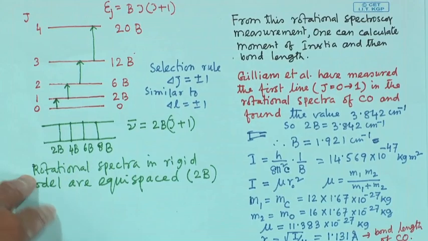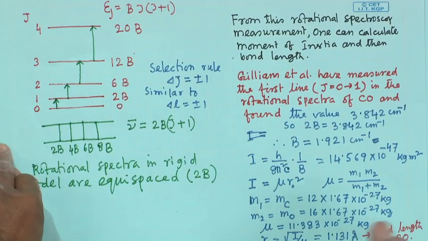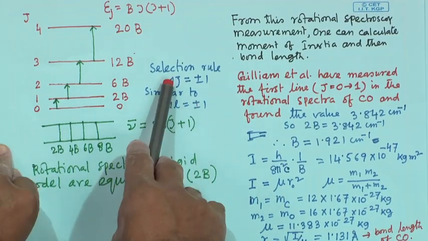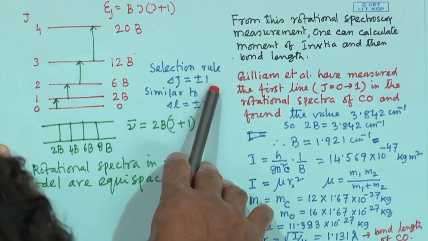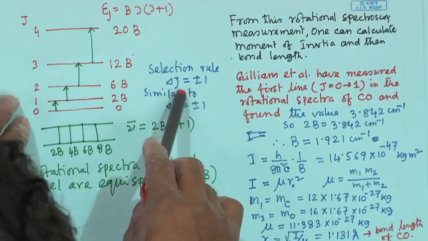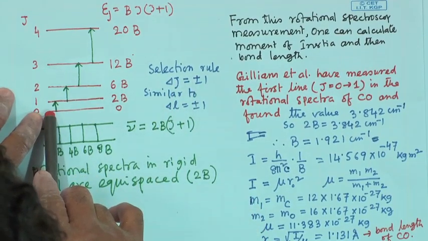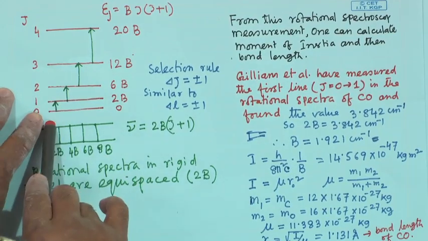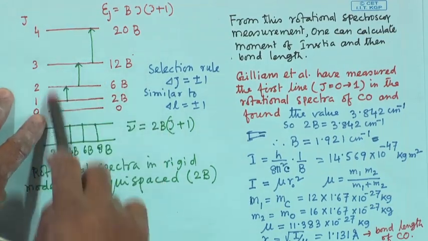Now, when there are transitions, the selection rule is similar to the angular momentum selection rule, delta L equal to plus minus 1. So, here the same selection rule is valid, delta j equal to plus minus 1. From j equal to 0 to j equal to 1 the transition is possible, or 1 to 0, that is also possible. 0 to 2, 0 to 3, 0 to 4 are not allowed.